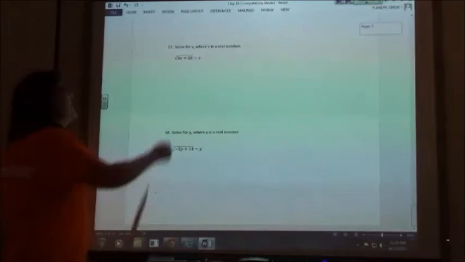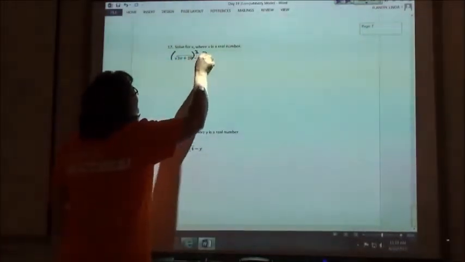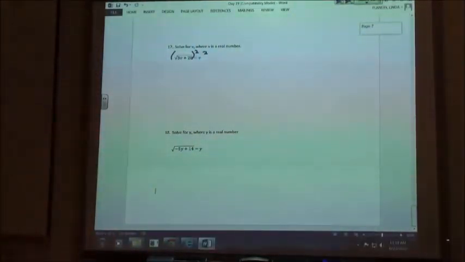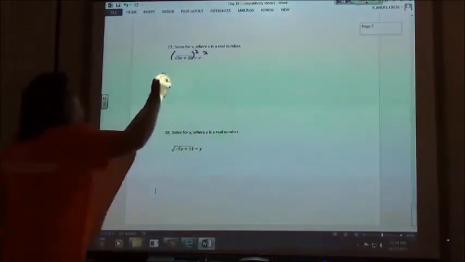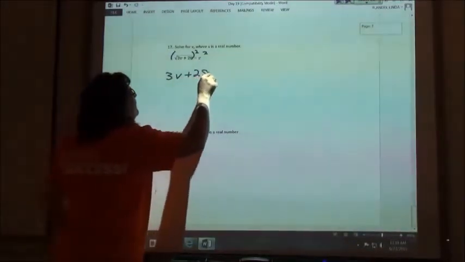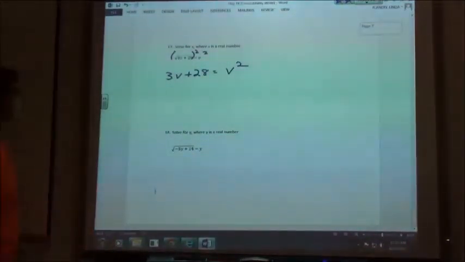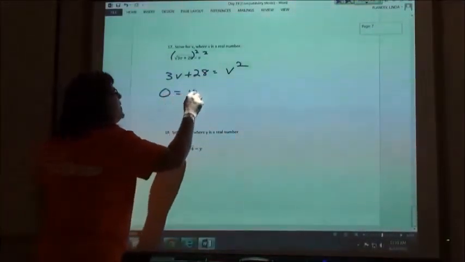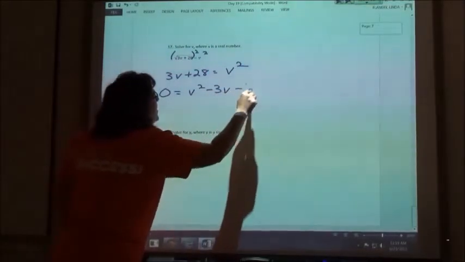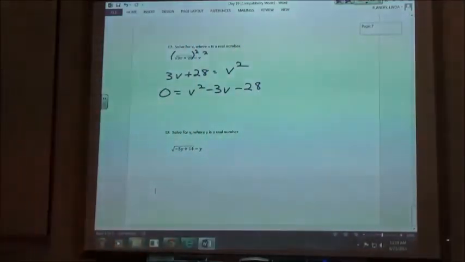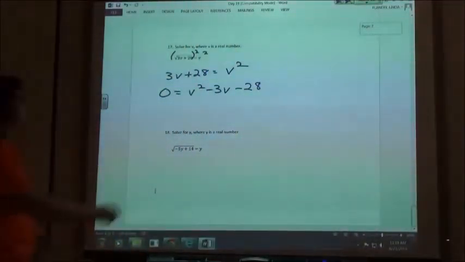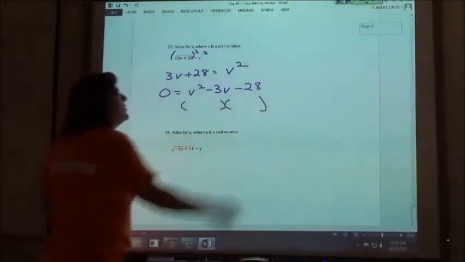If I square both sides on number 17, what would I have? 3v plus 28 equals v squared. I want to set it equal to 0. So v squared minus 3v minus 28. And if we factor that, it's going to factor into what?